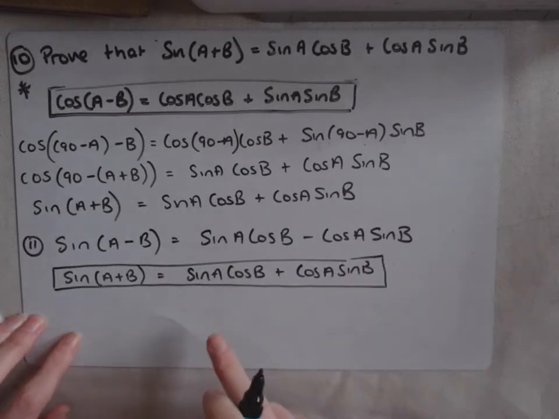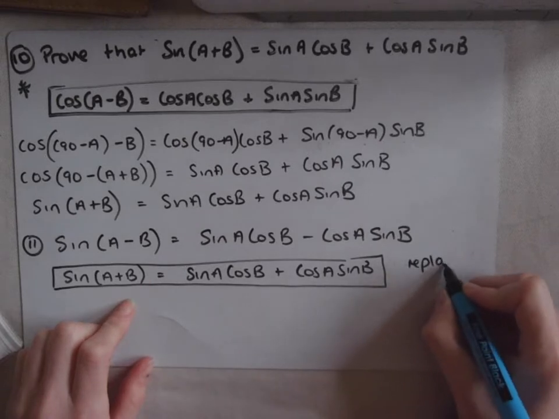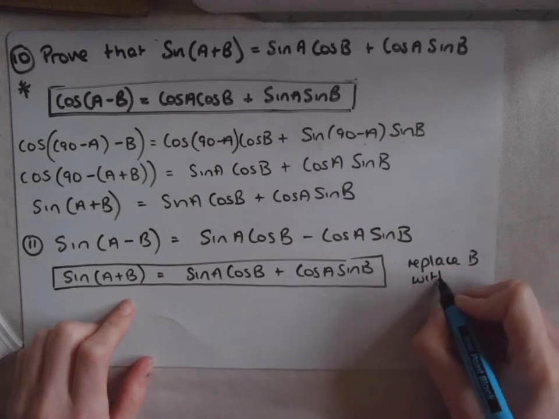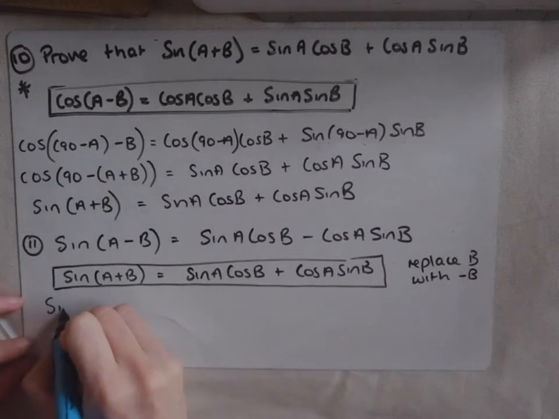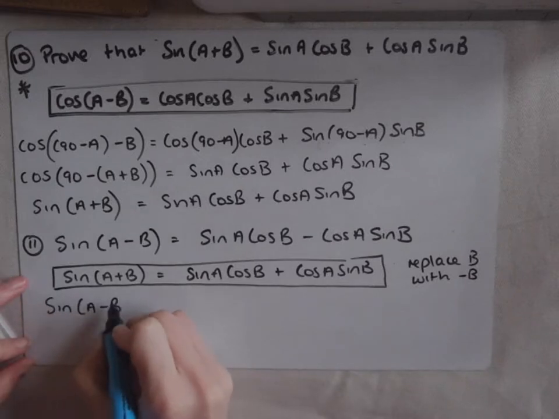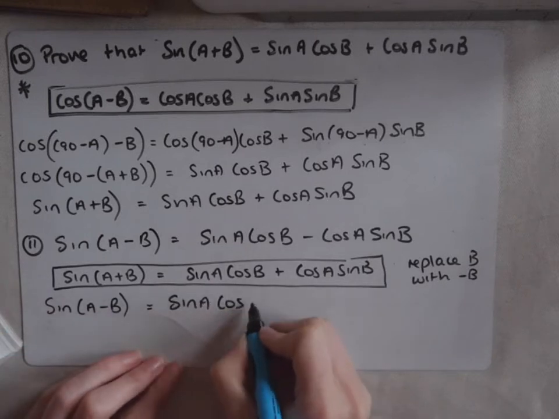And anywhere I see B, I'm replacing with minus B. So your little note to yourself. So I end up with sine of A minus B. And anywhere I see B, I just put minus B.